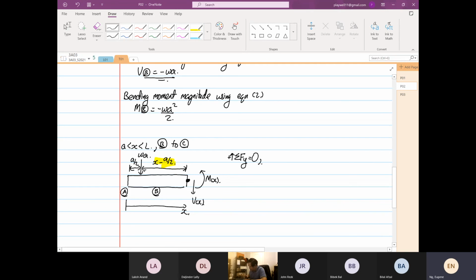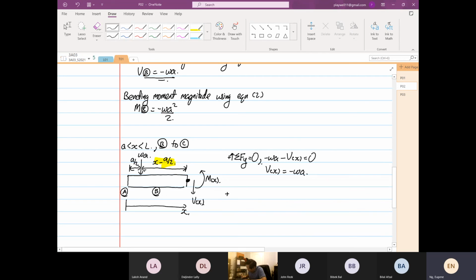So you will have omega A minus V as a function of X, so V as a function of X is equal to minus omega A.